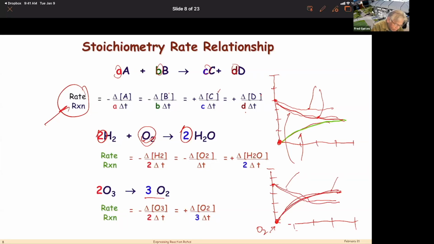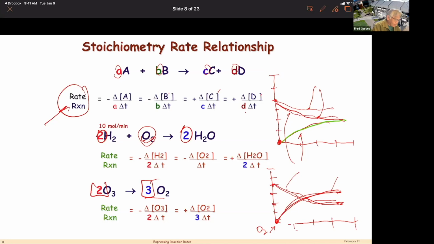So you notice how I make it go down 2 tick marks before it plateaus out, and I make this go up 3 tick marks, and that makes it easy on me because that's what the coefficients are. Okay, so that's how you would draw this concentration time diagram. So hopefully you can see that relationship.